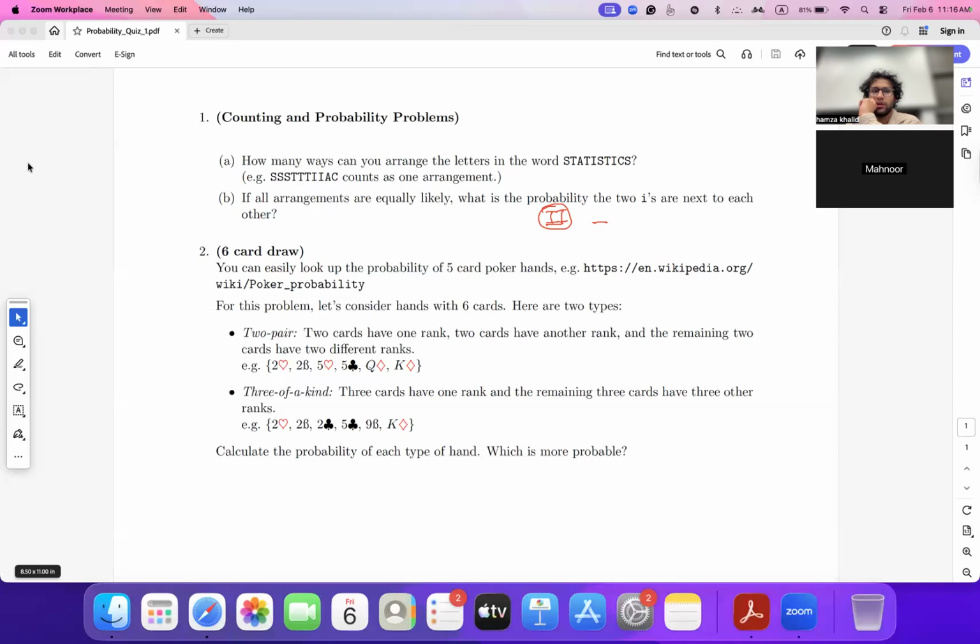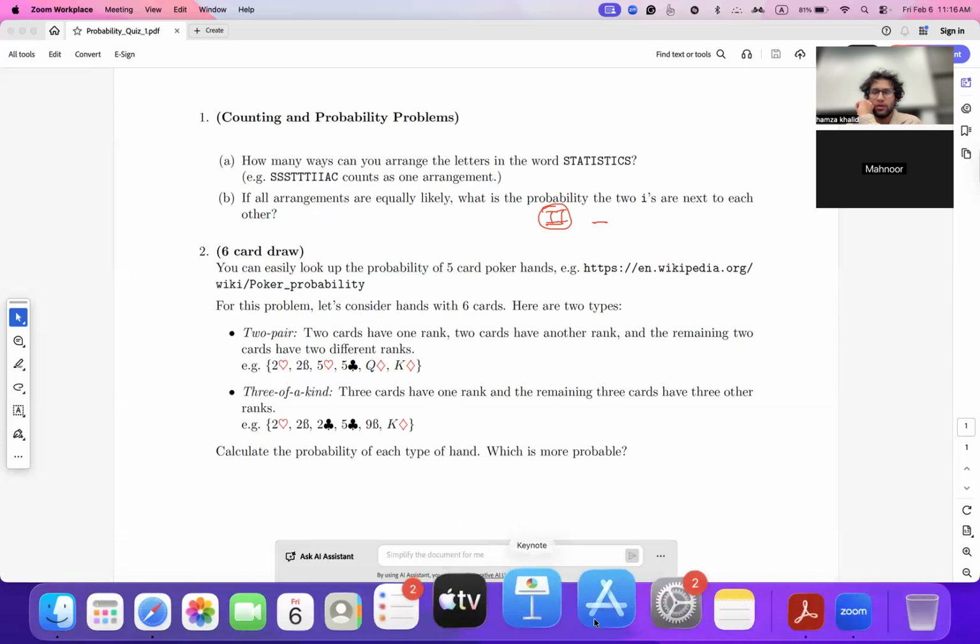In the meanwhile, I'm going to pause this. Let me do it another way as well. You are absolutely right about the second part. Where was it?